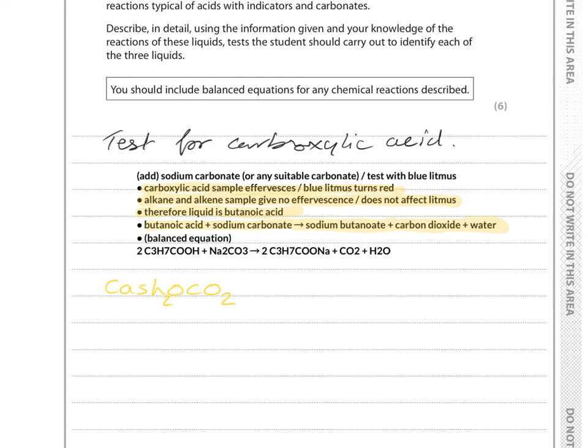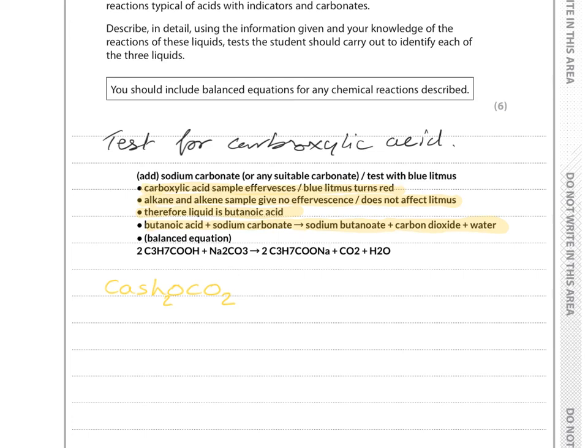Now the word equation you should be able to get to from that: butanoic acid plus sodium carbonate gives sodium butanoate, which is a little bit tricky. Carboxylic acids give carboxylate salts, so ethanoate you will have come across, plus carbon dioxide plus water.